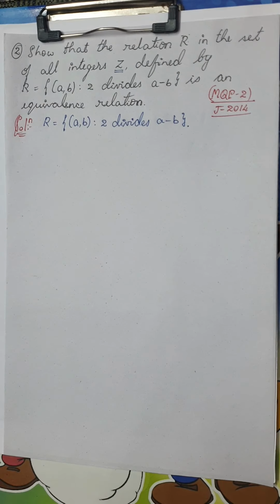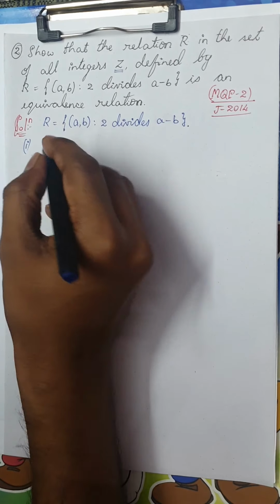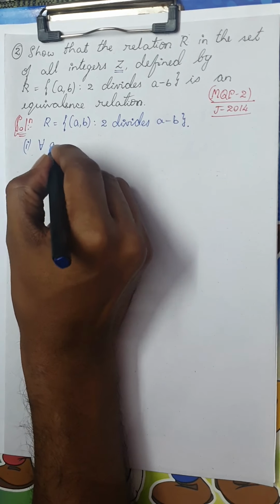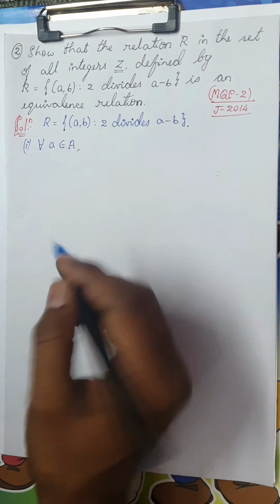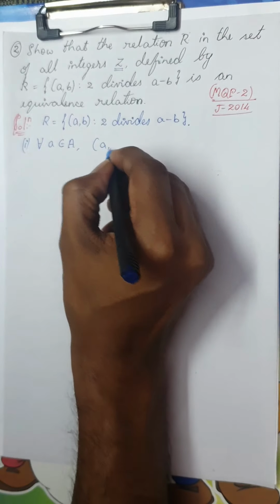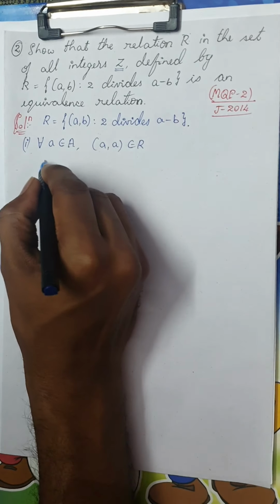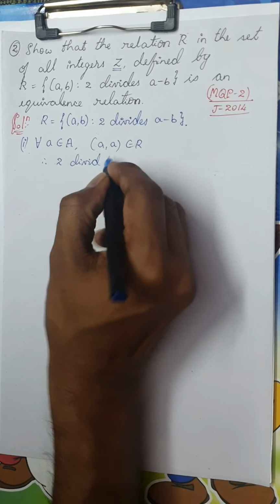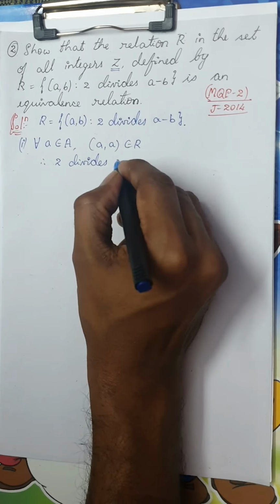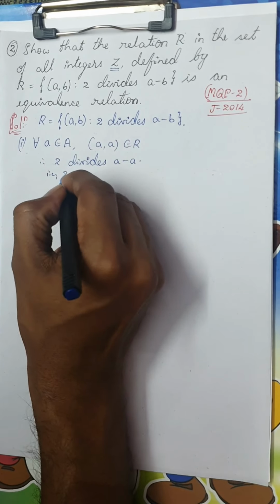So the relation is ready. Let us start with the first condition. For all, first let me take an element a belonging to A. I can clearly write (a, a) belongs to R because 2 divides a minus a, that is, 2 divides 0.